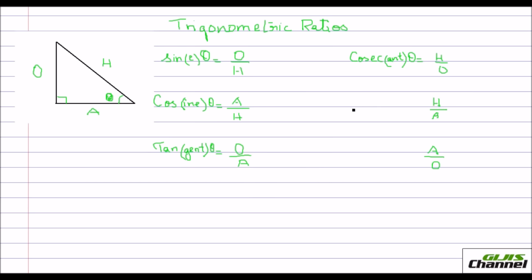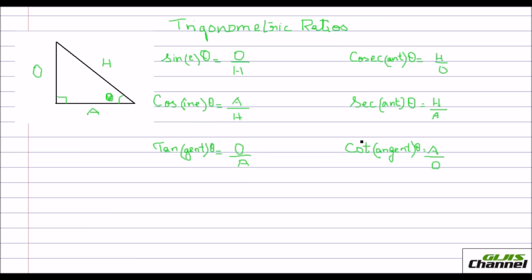For cos, the reciprocal of cos is secant theta. So you can call it sec theta or secant theta, which is hypotenuse over adjacent. And the last one is cotangent. You normally call it cot theta, cotangent theta.